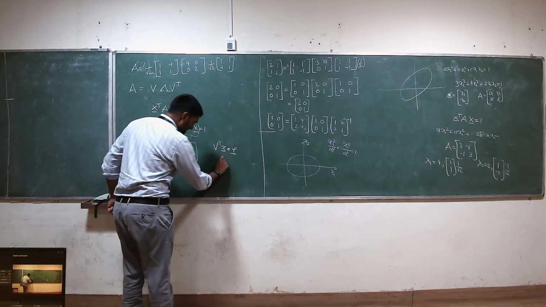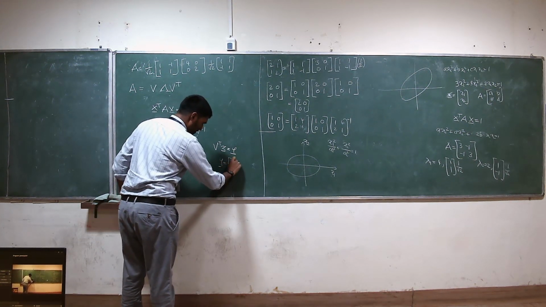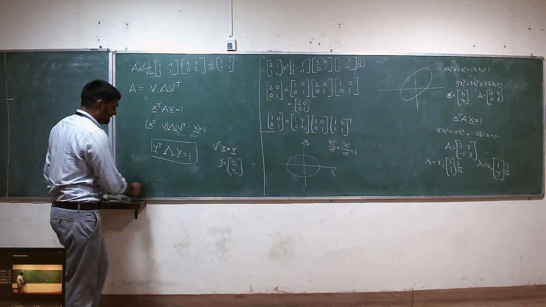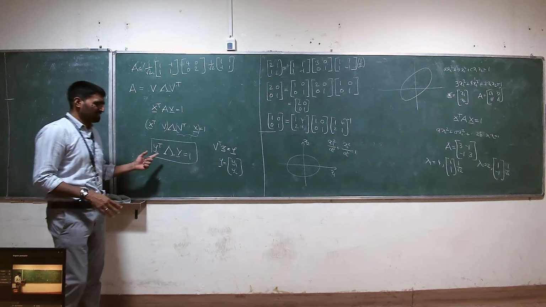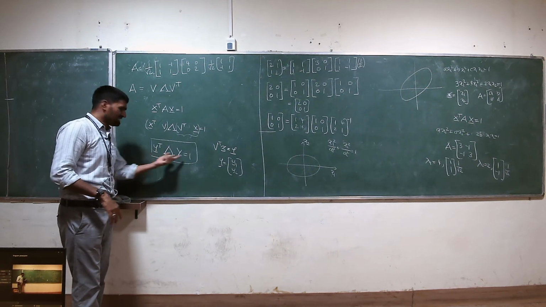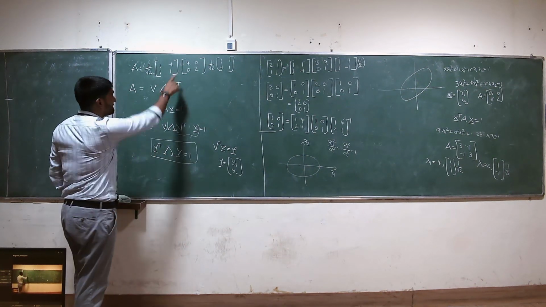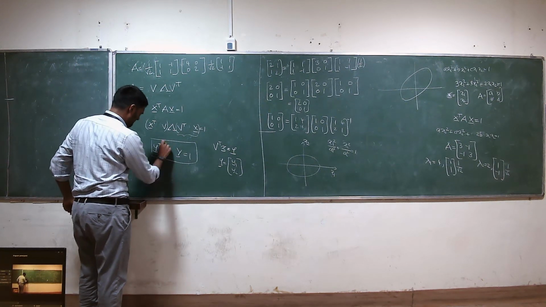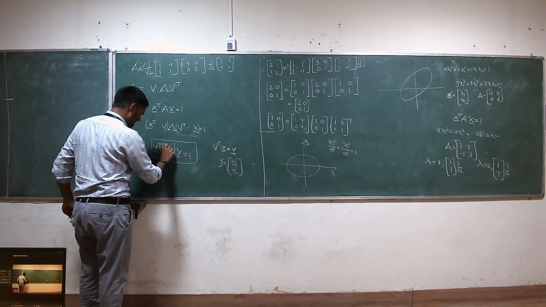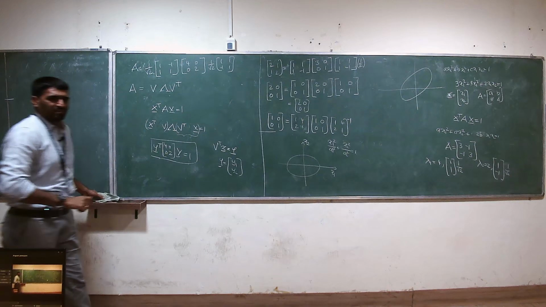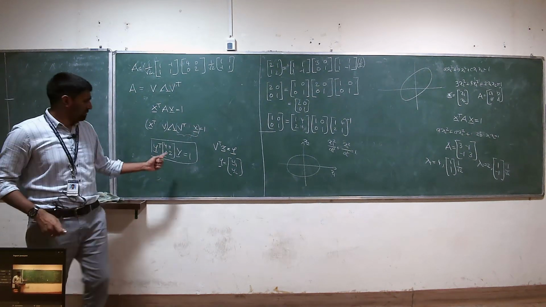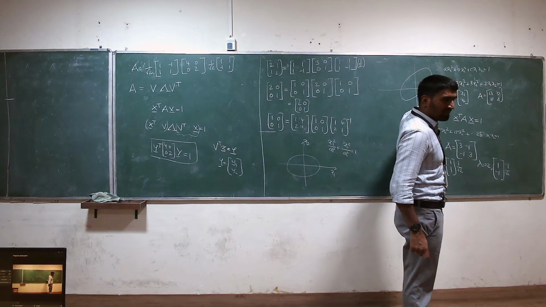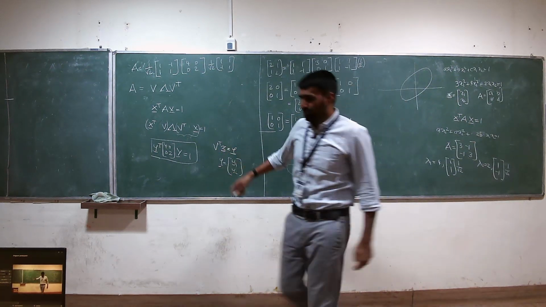Let's say Y is Y1, Y2. What is the equation of this ellipse? Or, I will not call it an ellipse, what does this equation work out to be? In fact, lambda is 4, 2. So tell me, what does this work out to?